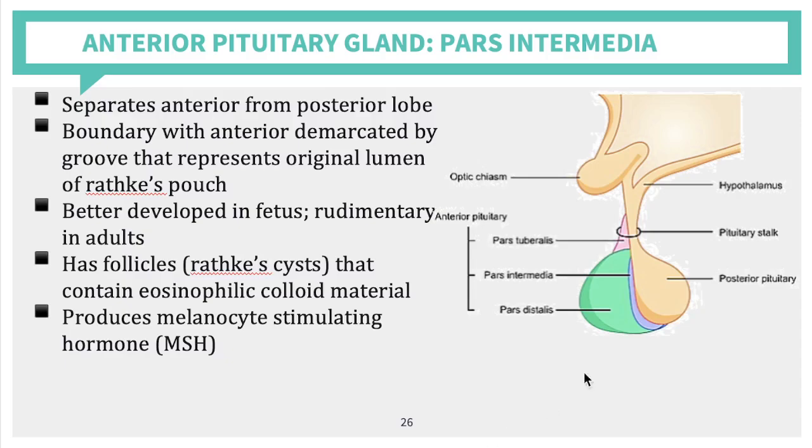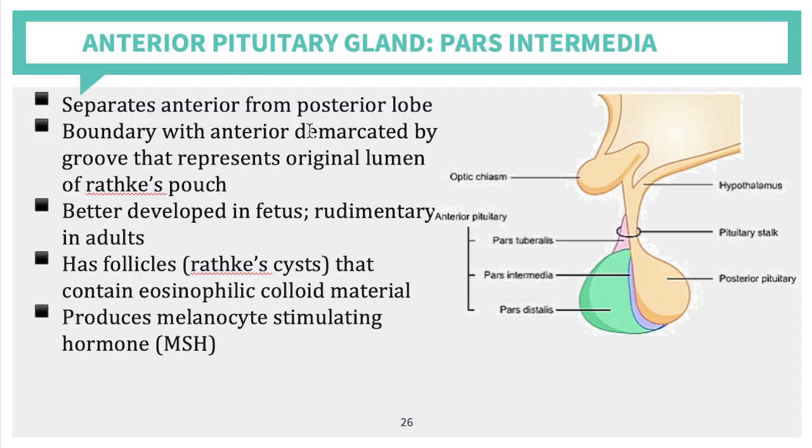How about your pars intermedia? This portion here. As I said, this is the demarcation that we need to look into to differentiate your posterior from anterior, okay? Again, the pars intermedia separates the anterior from the posterior lobe. This is the thing that we need to check to determine which is the anterior and which is the posterior gland.